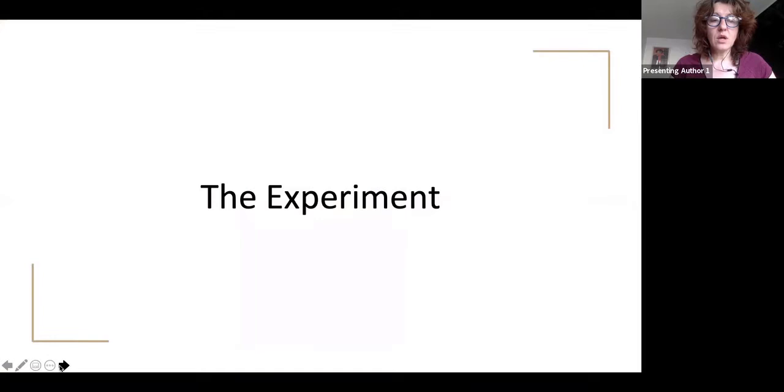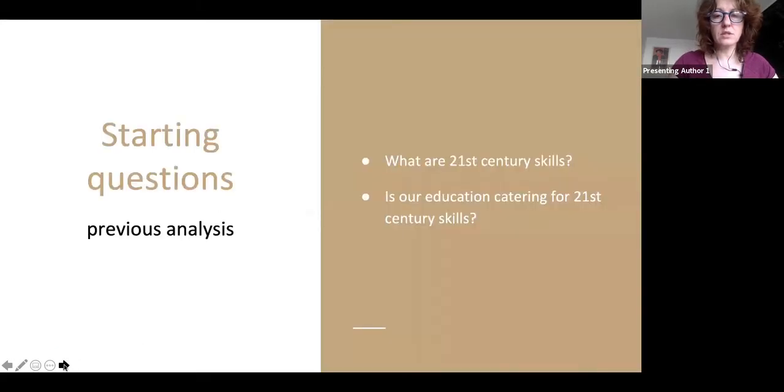So this is what we have done in the experiment. At the beginning, as we were teaching in our courses, we first looked at what is missing in our teaching. First we asked, what are we doing in our teaching?